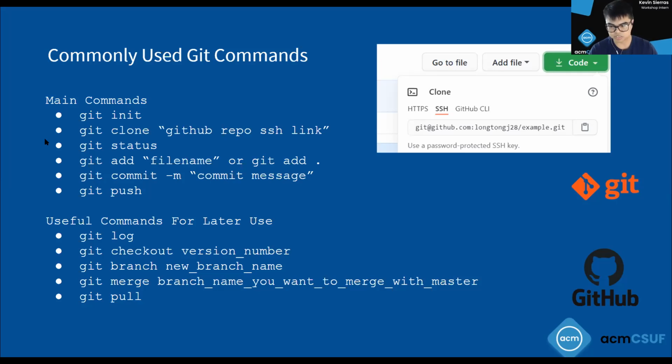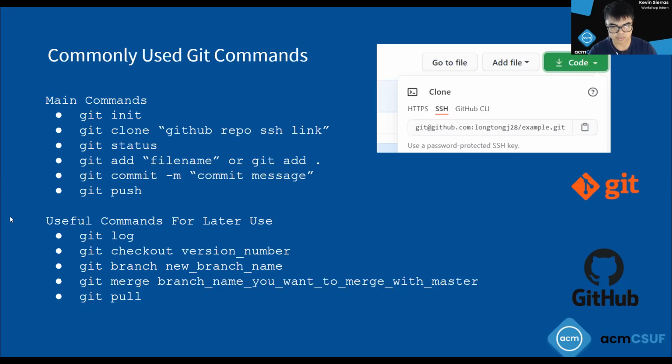If you're working in a group, you typically don't want to be working on the same branch. So you want to create a new branch for you and whoever else you're working with, so that you don't mess up the main code. If anything happens on their side, at least you have something on your side and you still have a copy on the master branch.